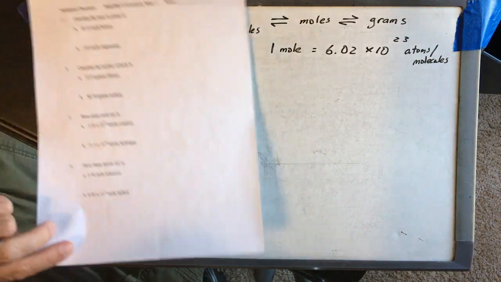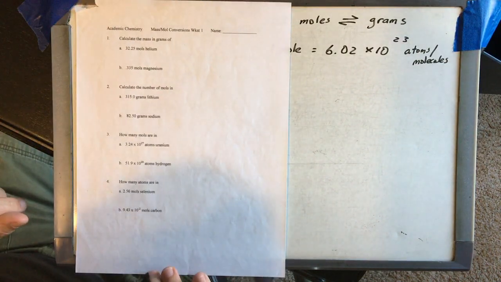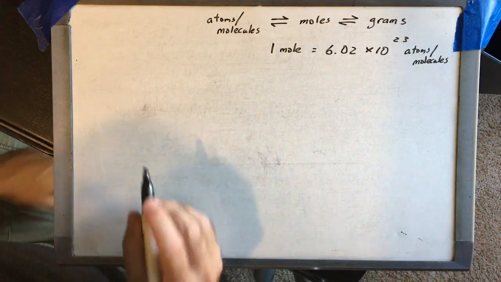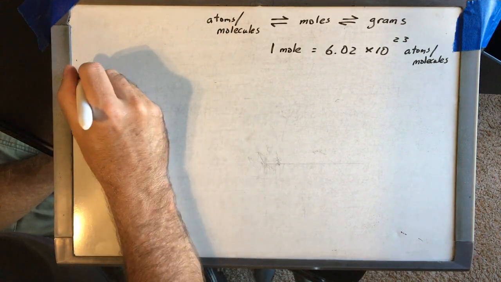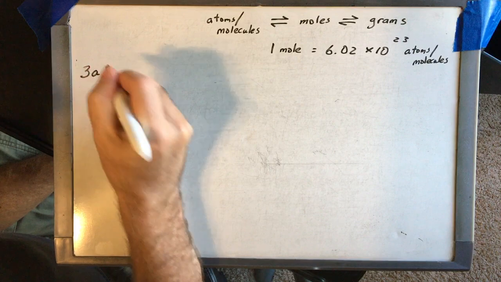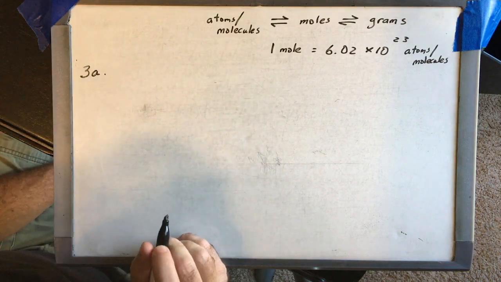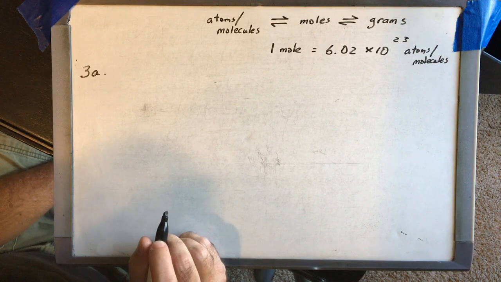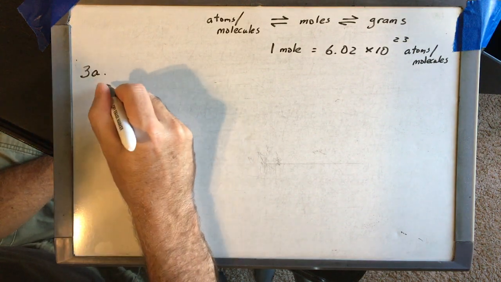So let's look at your worksheet. The first one I'm going to work is 3A. And 3A says how many moles are in 3.24 times 10 to the 27th atoms of uranium.